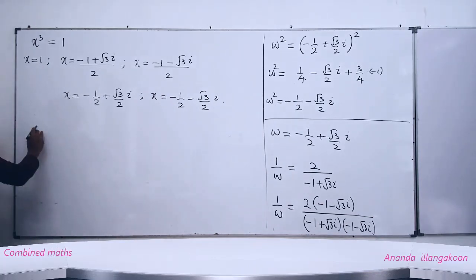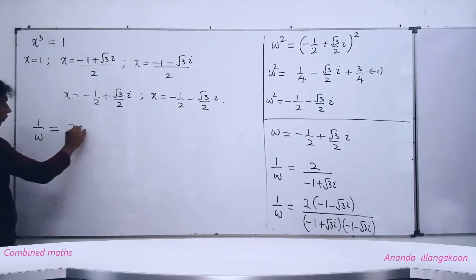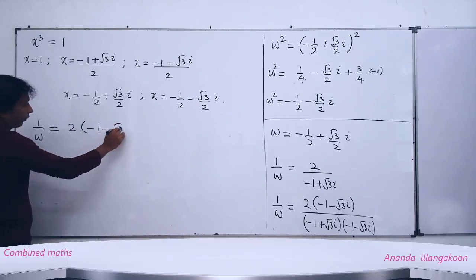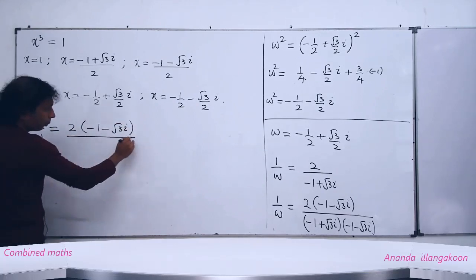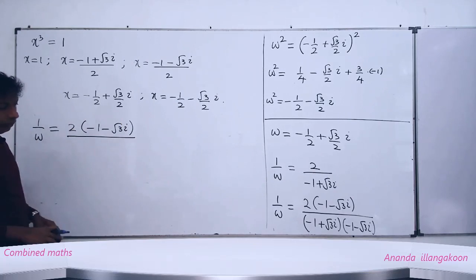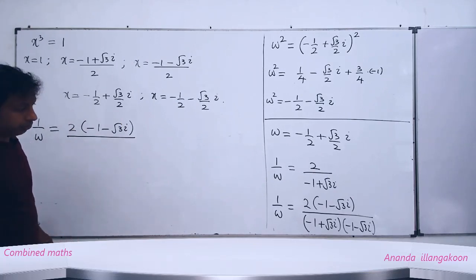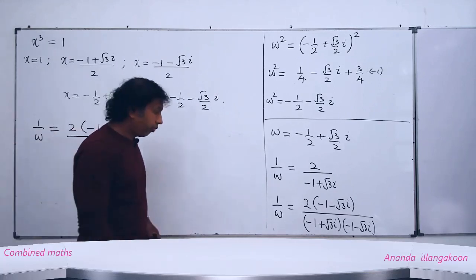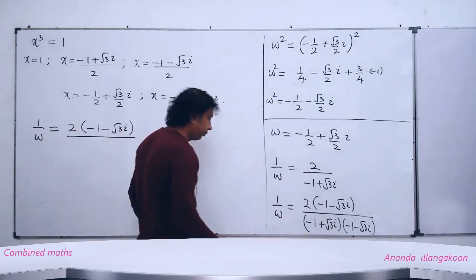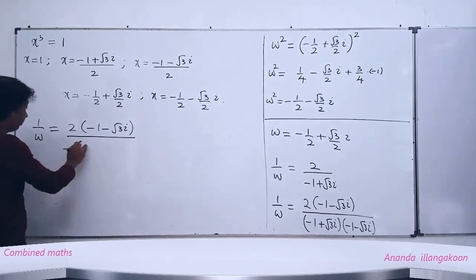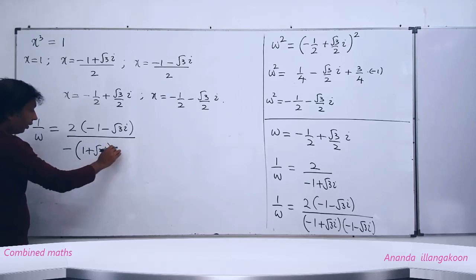One upon omega. Here you can write this one as a squared minus b squared, no? When you take this minus sign out, that one you can write 1 plus root 3i.